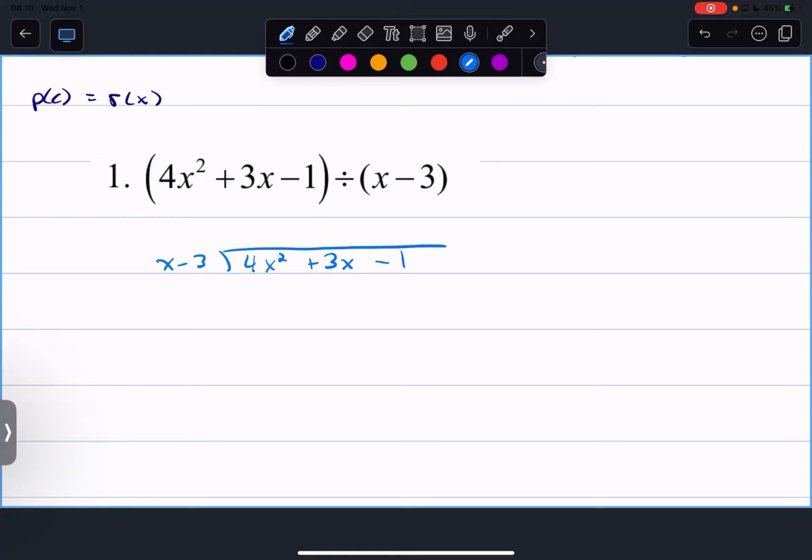All right, still a little early, but it will get you warmed up quick. 4x squared divided by x puts me at 4x. And then I multiply it back down, 4x times x minus 3, and I put it down below here, making sure that we stack our appropriate powers of x.